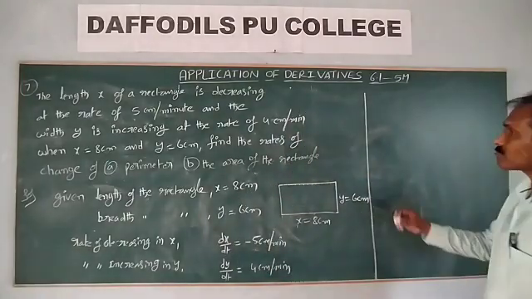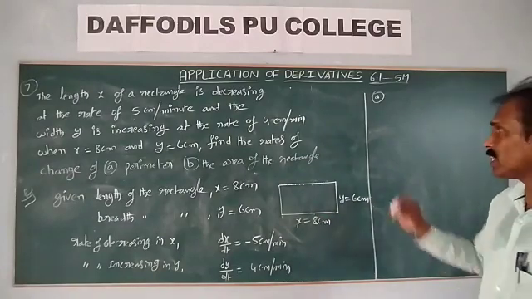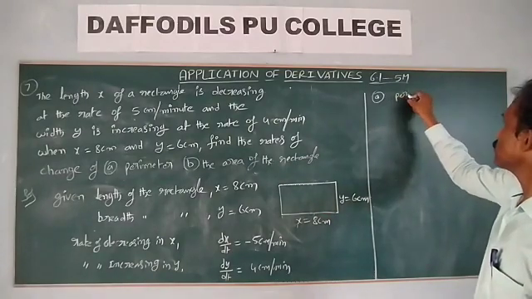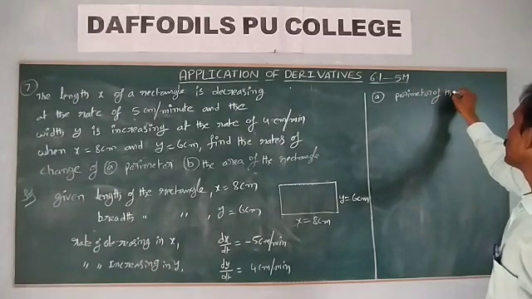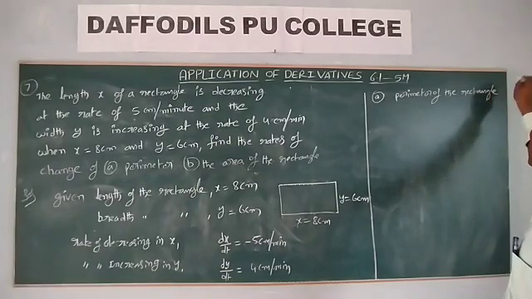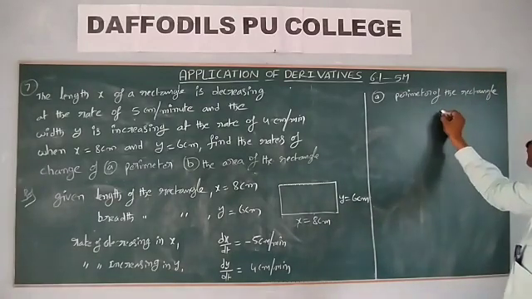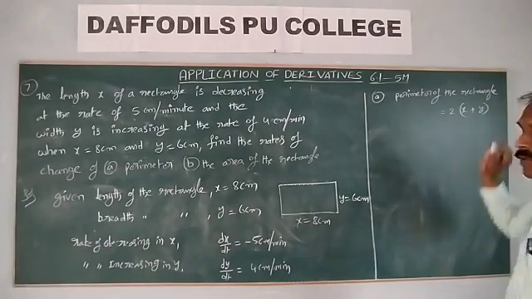First case, A. What is the perimeter of the rectangle? Formula: perimeter of the rectangle is equal to 2 times length plus breadth.